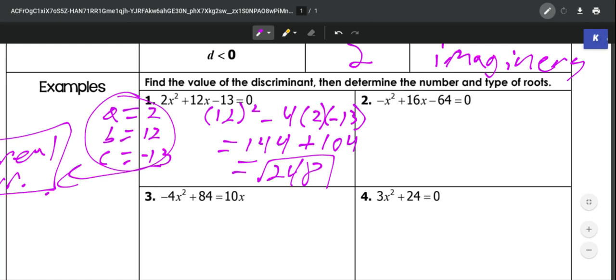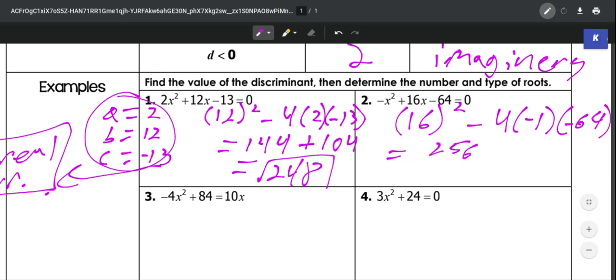The discriminant is B squared, which would be 16 squared, minus 4AC. A would be negative 1, C would be negative 64. So that would leave us with 256 minus 256, which equals 0.